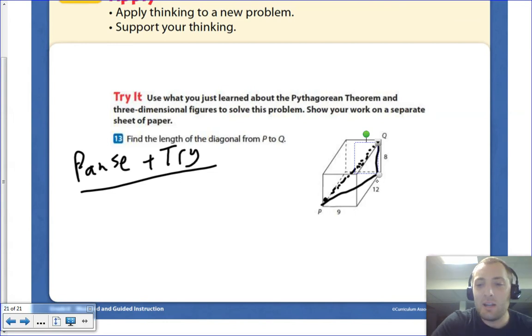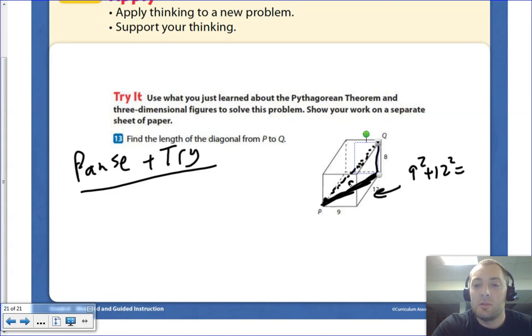All right, so I want to find this diagonal first, because I need that in order to find my side PQ. So in this triangle right here, we have 9 squared plus 12 squared equals, and we'll say this is our c squared. Now you might know 9, 12, and 15 is actually a Pythagorean triple, but let's double check it.